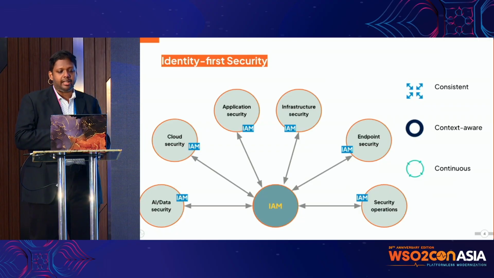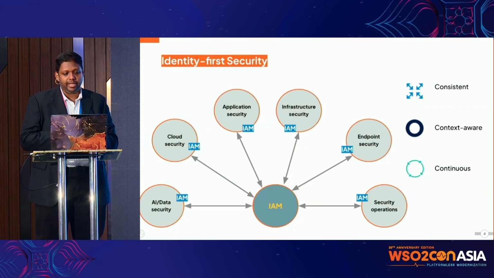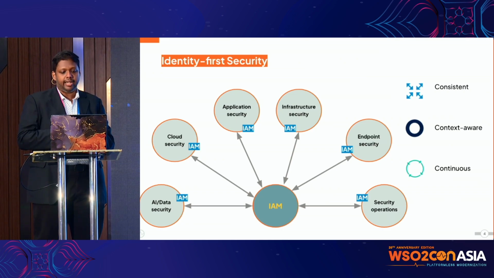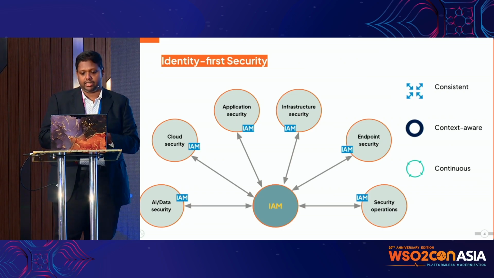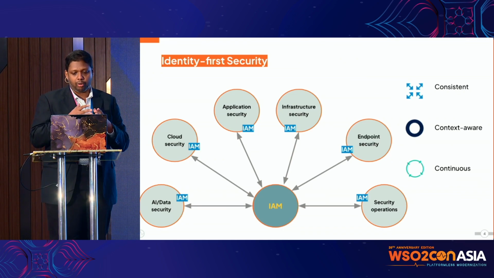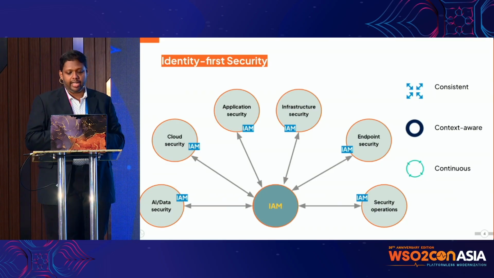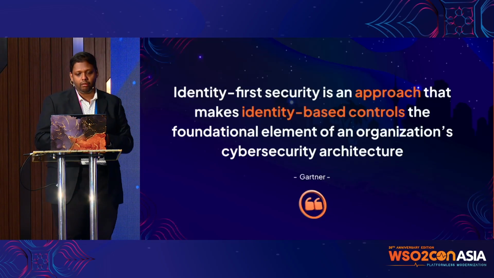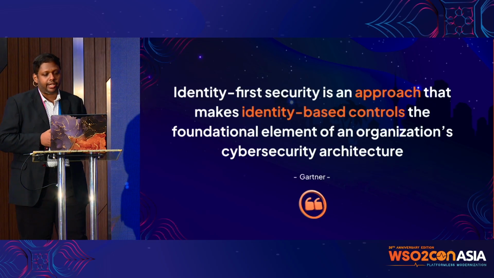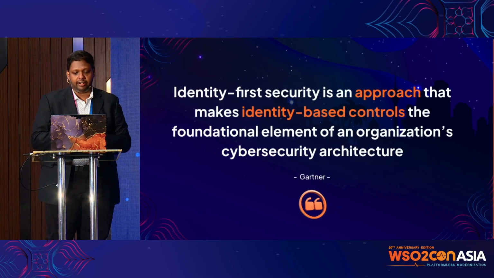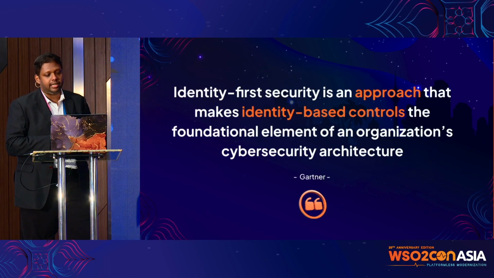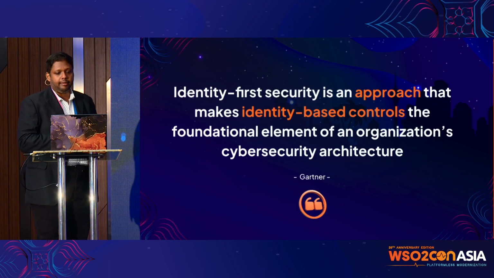Basically, identity-first security means that IAM is the control center for all the applications, so all your governance policies and rules are in one place. Again, the official definition from Gartner: identity-first security is an approach that makes identity-based controls the foundational element of an organization's cybersecurity architecture.